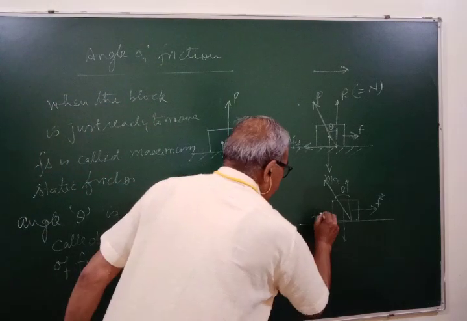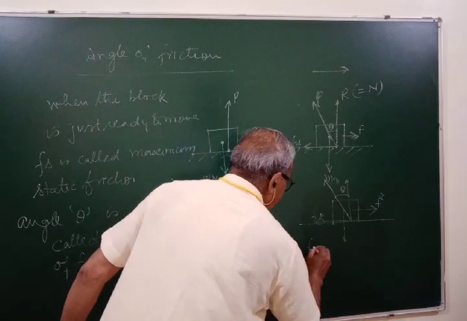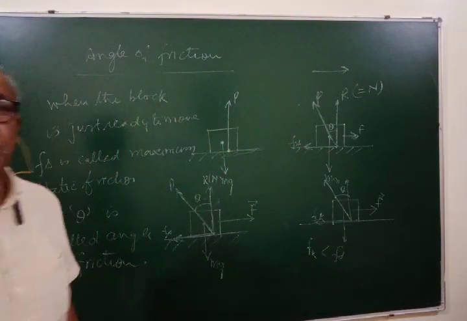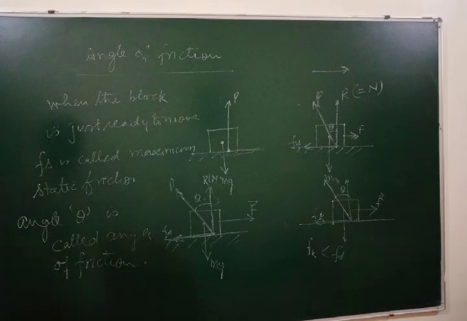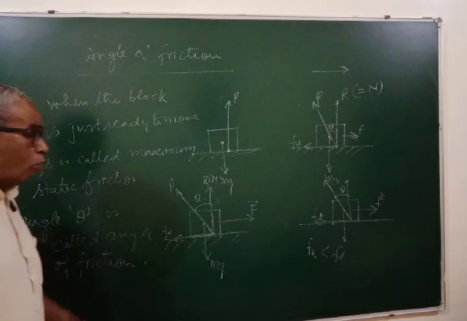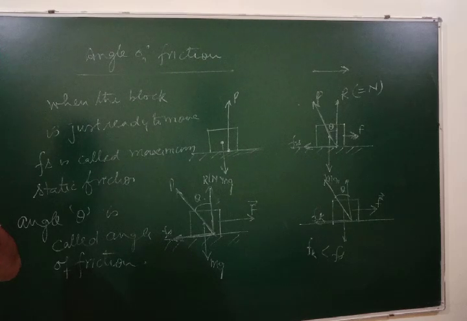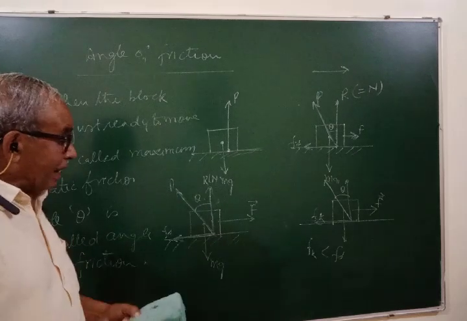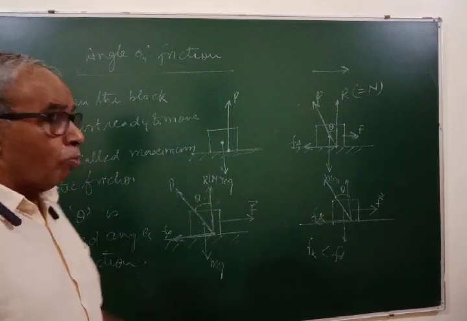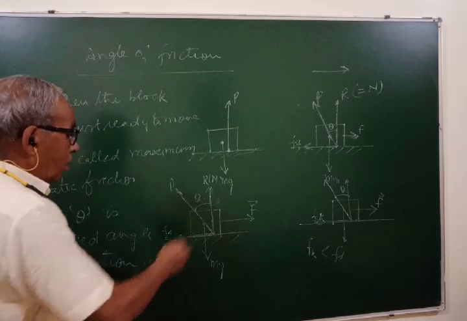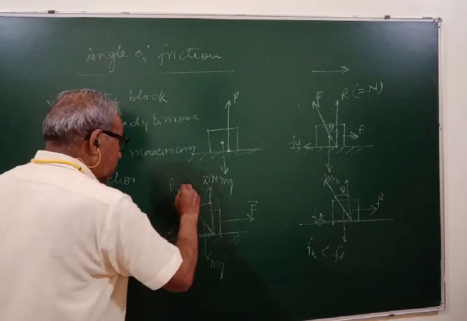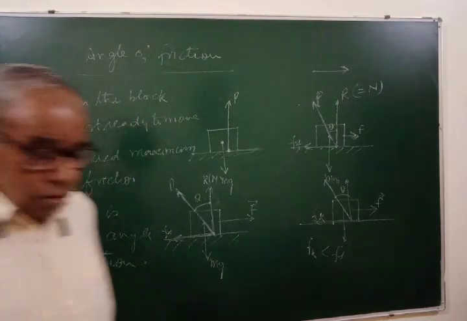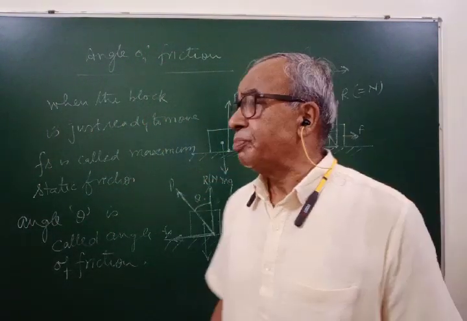Now it will be kinetic friction, and this Fk less than Fs होगा slightly. So angle of friction is that when we apply force on the block to move it from left to right, and the block is just ready to move, if a slight increase in F makes the block move, then this angle at which the reactionary force gets inclined away from vertical direction is called angle of friction.